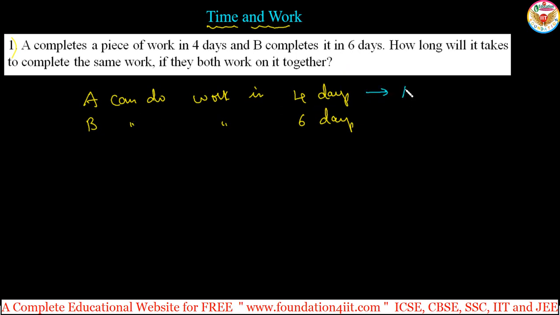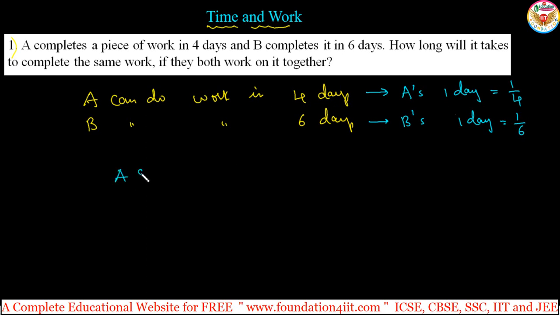From this, A can do the work in 4 days, so A's 1 day work is 1 by 4th part of the work. Same way, B in one day can do 1 by 6th of the work. So together we can find out for one day.